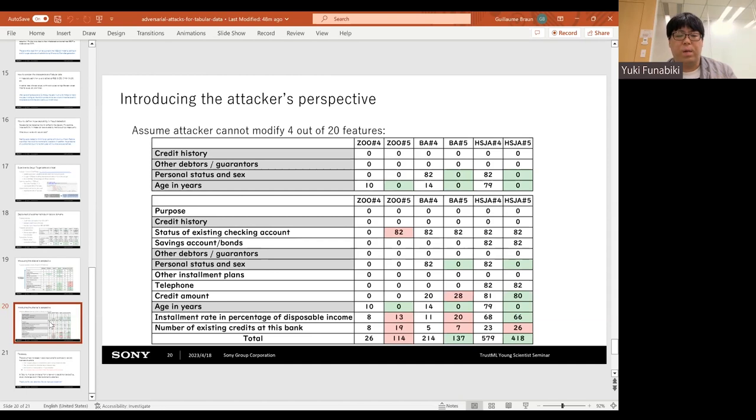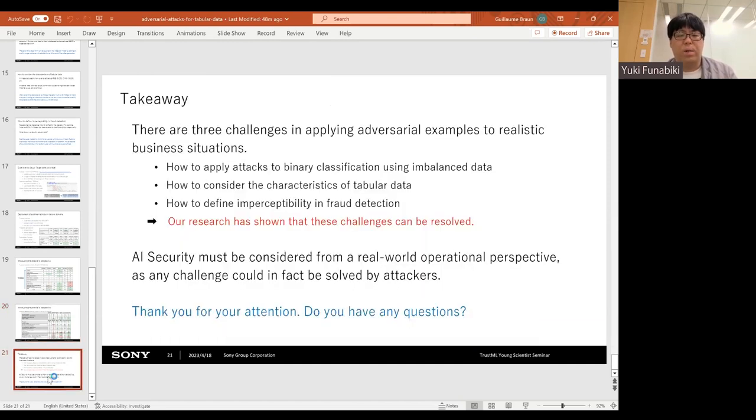We should prepare for such a situation. In that case, we can create adversarial examples in the tabular data and execute adversarial training using such adversarial examples, which leads to improved robustness of the model. So that's our idea.